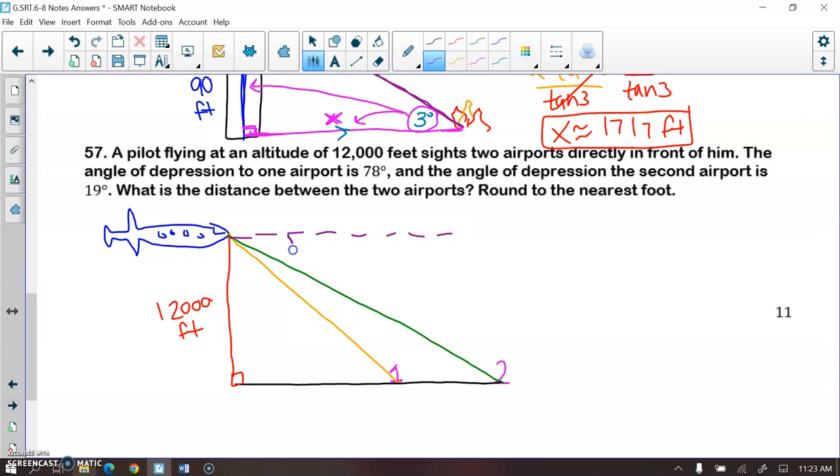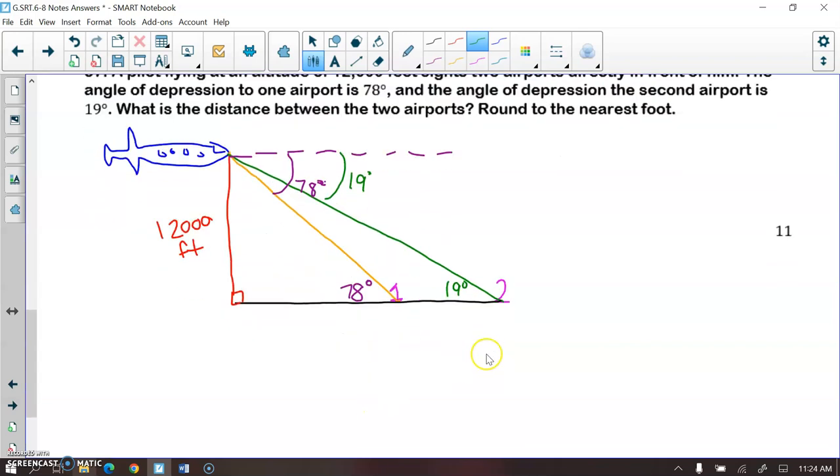So the angle of depression to airport 1, which is this whole angle, is 78 degrees. But that's also this angle down here. And the angle of depression to airport 2, which is just this angle here, is 19 degrees. But that's also this angle down here.